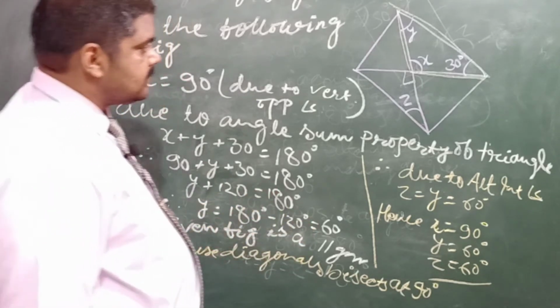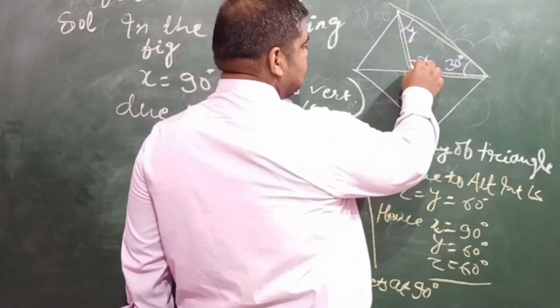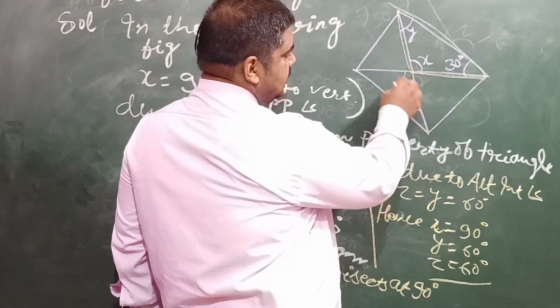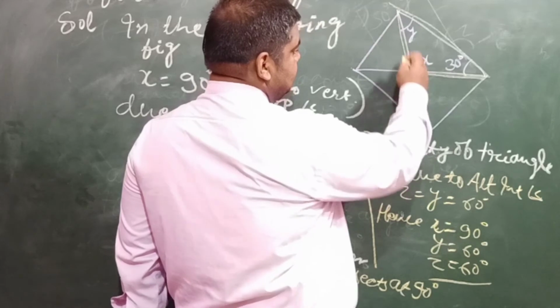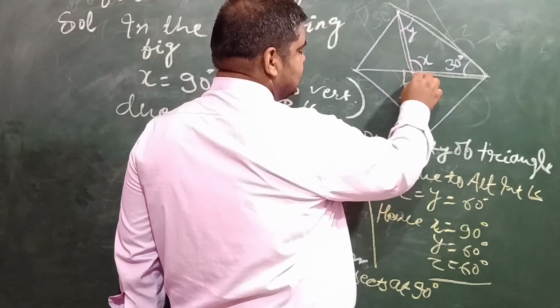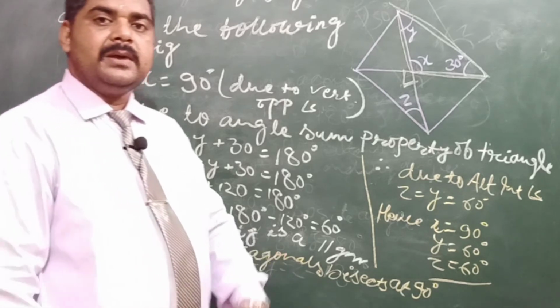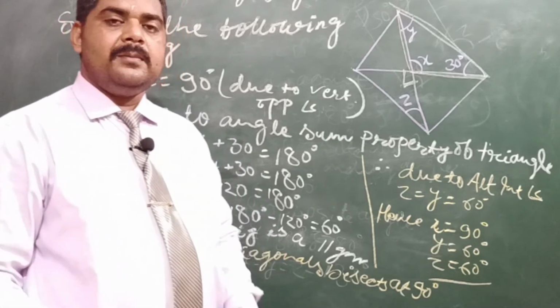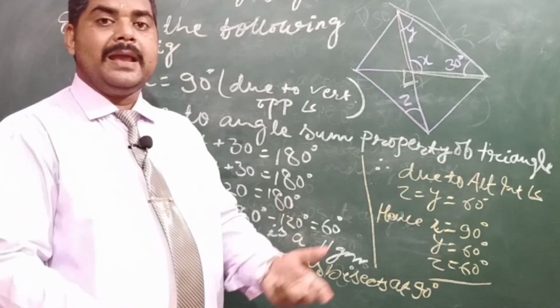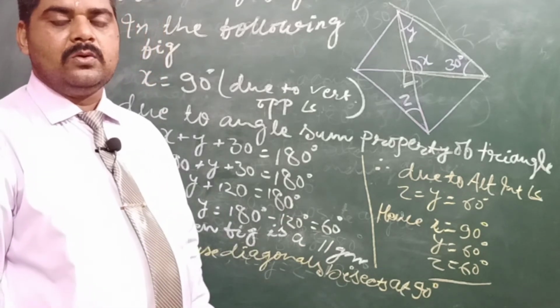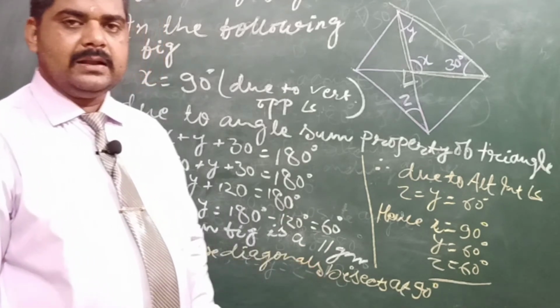My dear student, one more thing you have to pay attention to is that in this quadrilateral, the diagonals bisect at 90 degrees, and when diagonals bisect at 90 degrees, then the given quadrilateral must be a square or some sort of parallelogram or rhombus and others.